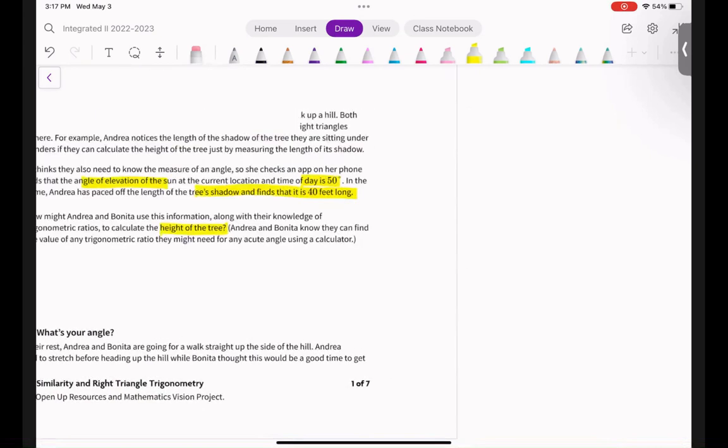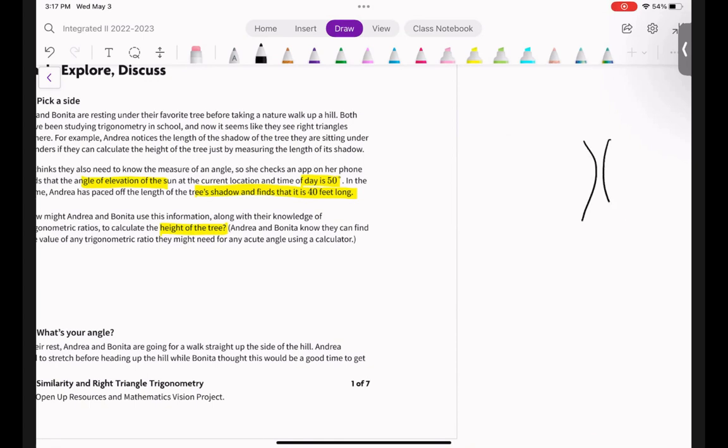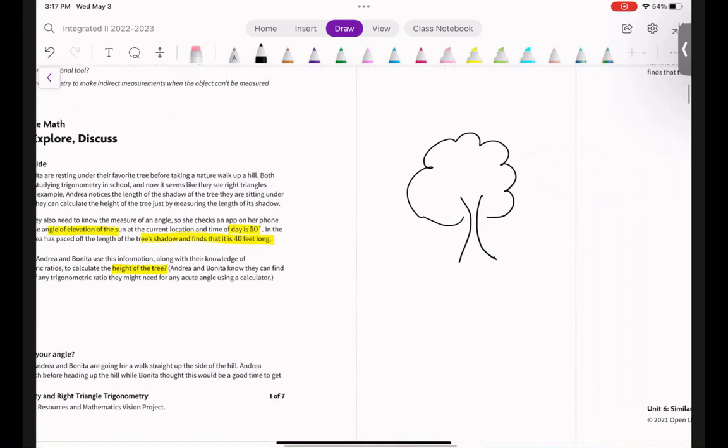So I'm going to draw a little picture. Maybe this is what my picture kind of looks like. So here's their tree. I know, it's a great tree, right? And the sun's over here, and then you have the shadow that's like this. Maybe that's too long of a shadow, so let's make that shadow a little shorter.